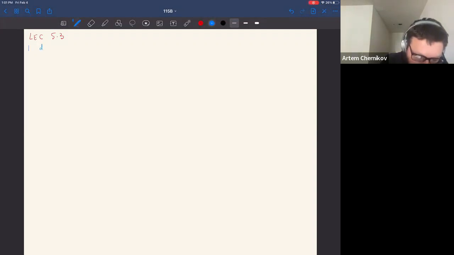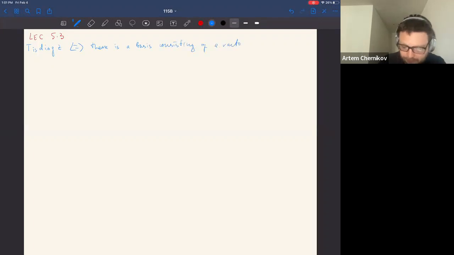So we know that an operator T is diagonalizable is equivalent to there is a basis consisting of eigenvectors for T, right?